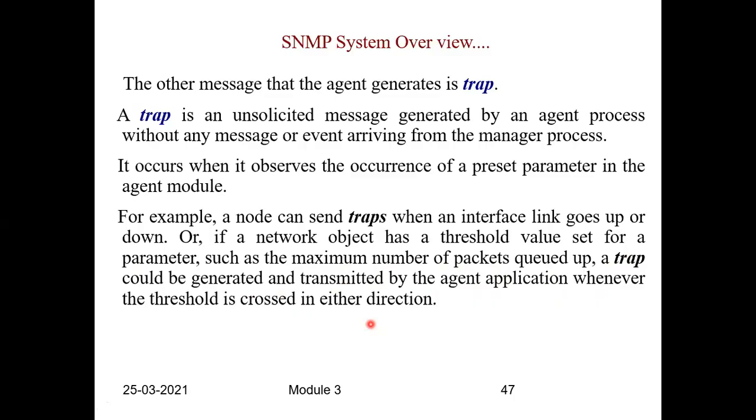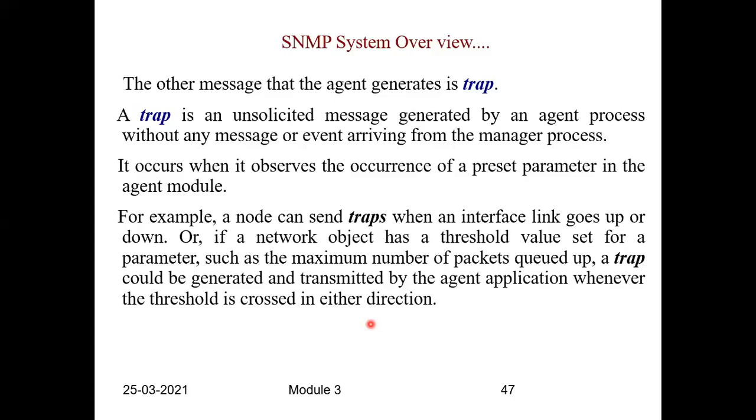So if he feels some unusual thing has happened, because he cannot take a decision, he cannot change a parameter. His work is to collect the data, monitor, and whenever the manager asks, he has to give that data. So the agent has no role here to say, oh, this counter is overflowing, let me reset it.